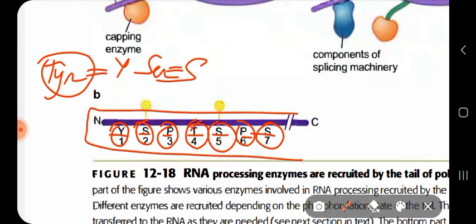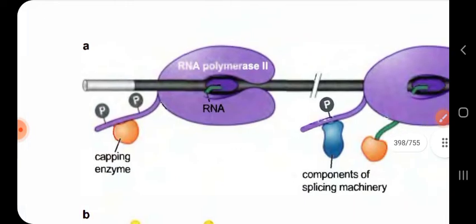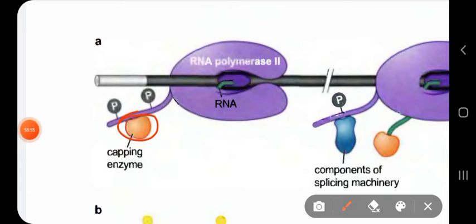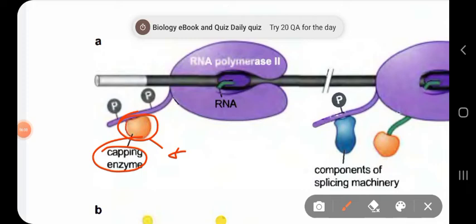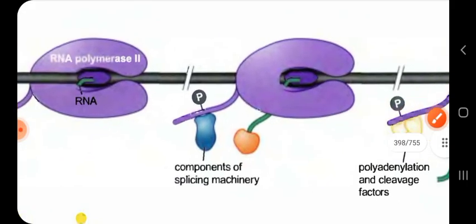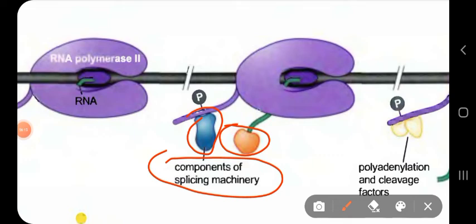Okay, so in this way, we will discuss in the next class how phosphorylation occurs on the RNA polymerase 2, and how it recruits the capping enzyme for allowing 5 prime cap formation in the 5 prime region of the RNA. Then it will recruit the splicing machinery to remove the introns and join the exons to form a mature mRNA.